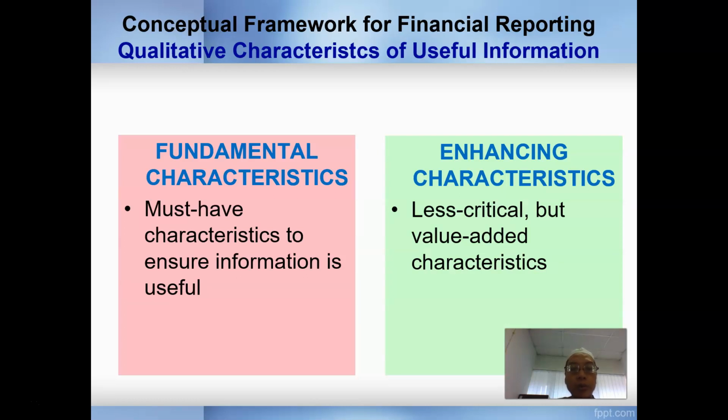The conceptual framework for financial reporting has laid down the qualitative characteristics of useful information. The conceptual framework has laid down two types, okay, two main categorizations of characteristics. Firstly is the fundamental characteristics, and secondly is the enhancing characteristics. Okay, so fundamental characteristics are the must-have characteristics, or the obligatory characteristics that financial statements should have to ensure that the information is useful.